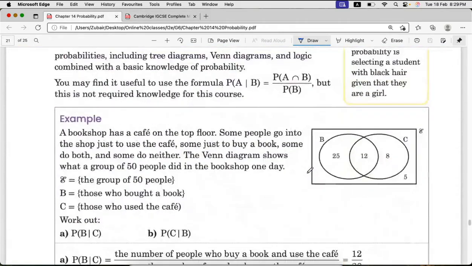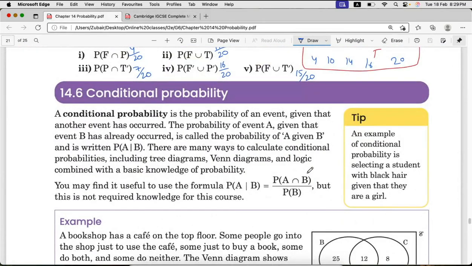Okay, conditional probability is definitely as the word explains. There is some condition, something is already given that should happen in that order. For example, if I draw a simple tree diagram, there is a black ball and white ball, and then again there are two outcomes, black and white.